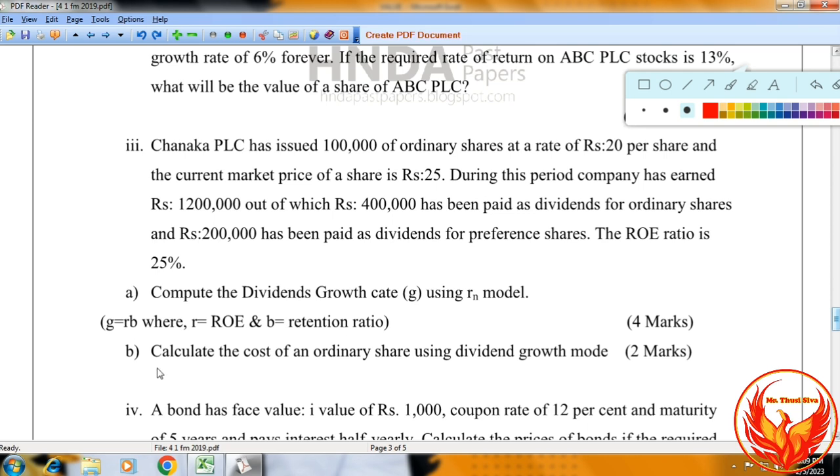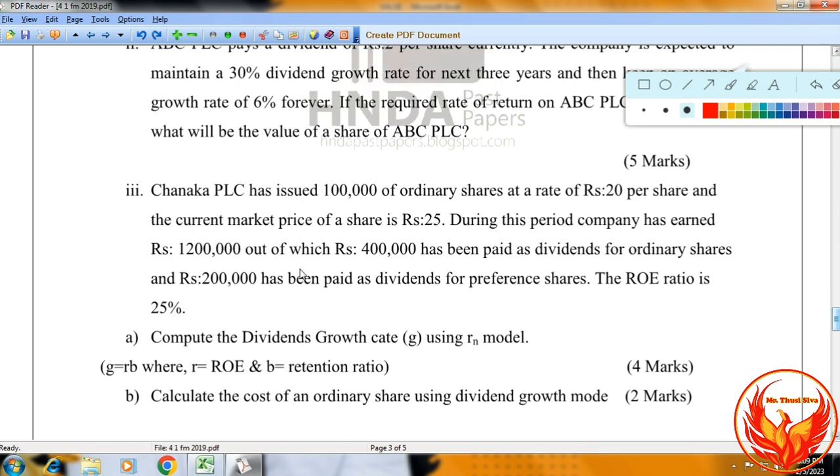B. Calculate the cost of an ordinary share using the dividend growth model. So first we have to calculate g, the dividend growth rate, as per the information in the question, Senaga PLC.